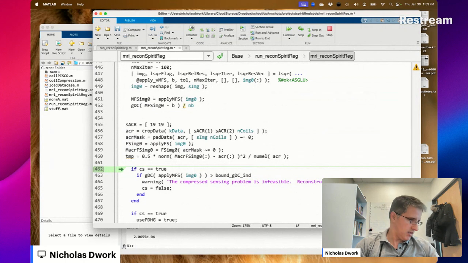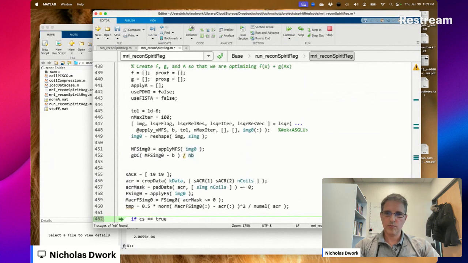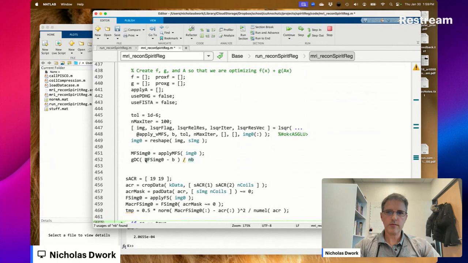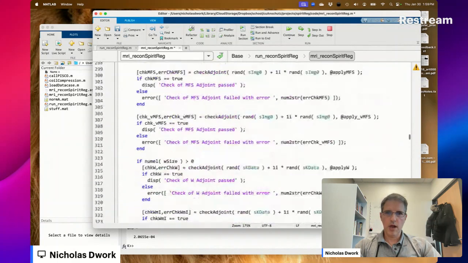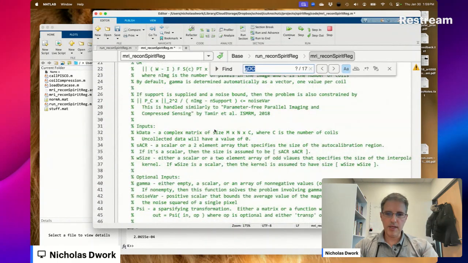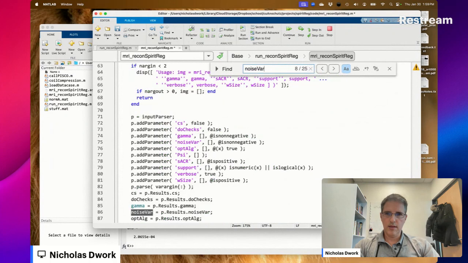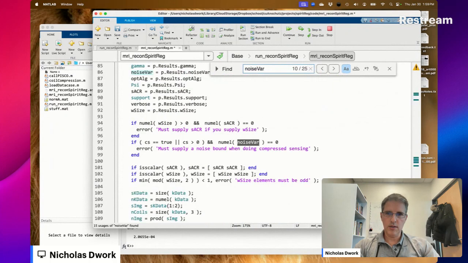That makes sense because the sensitivity maps are probably better in their lower frequencies than they are in their higher frequencies, right? Okay. That's going to be the bound.